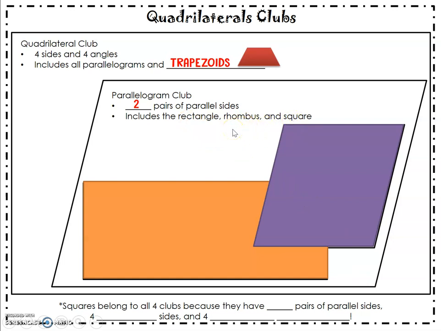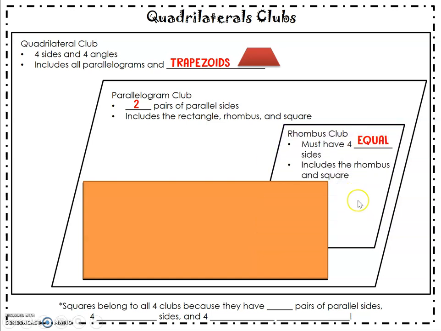And just like triangles had different rules based on their sides or their angles, so do quadrilaterals. So let's take a look at the rhombus first. The rhombus has rules about the length of each side. So a rhombus follows all the same rules as a quadrilateral, four sides and four angles, and a parallelogram, two pairs of parallel sides, but there's also a new rule about the length of each side.